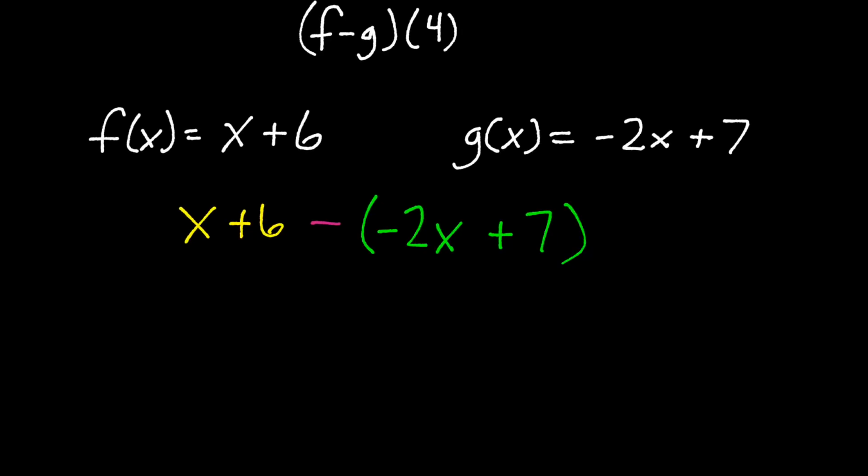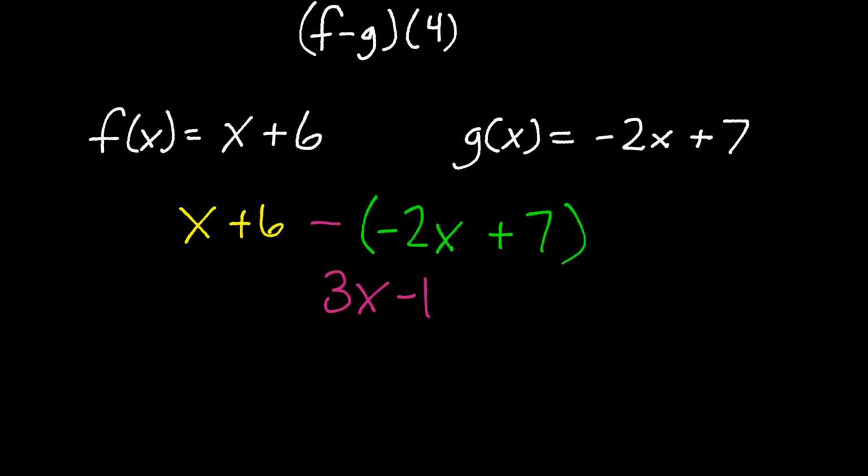So when I combine all these together, I'll have x minus a negative 2x, which actually means you're adding it. So we have 3x, and then I have 6 minus 7. So that's going to give us a negative 1. Now, I have to evaluate it at 4.